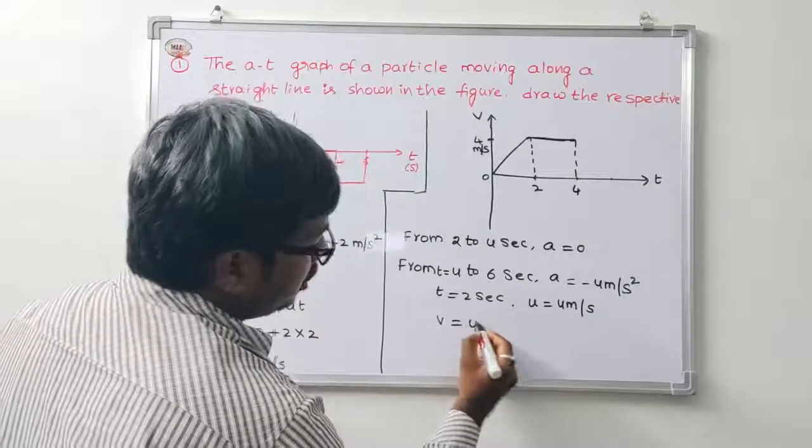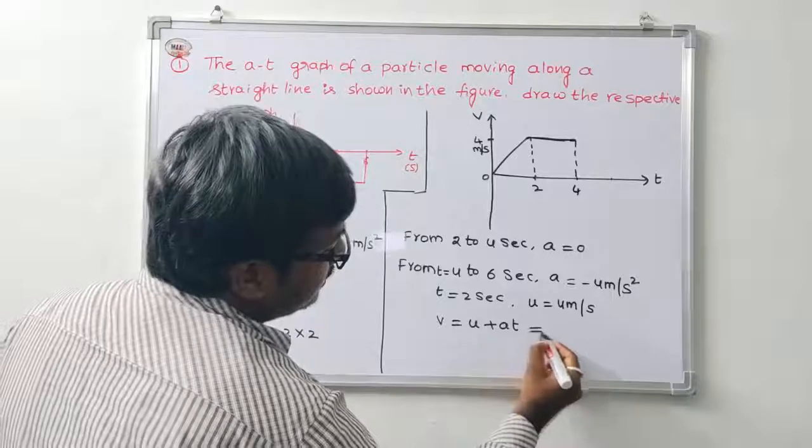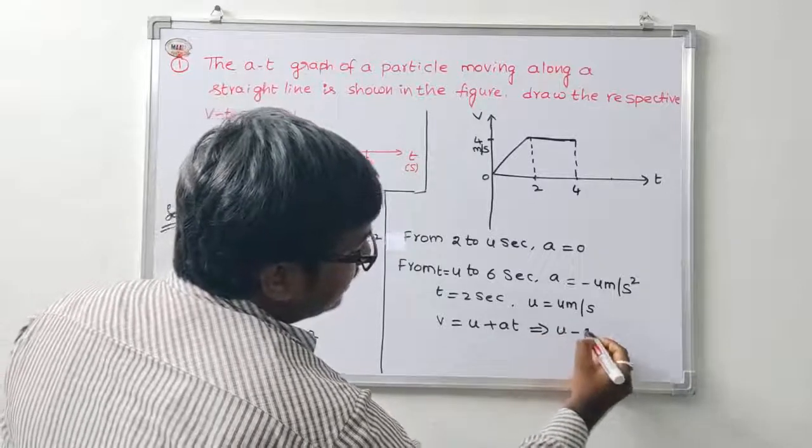In this graph, v is equal to u plus at, that is equal to u minus at.